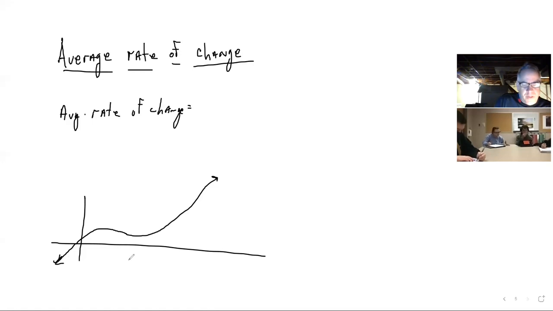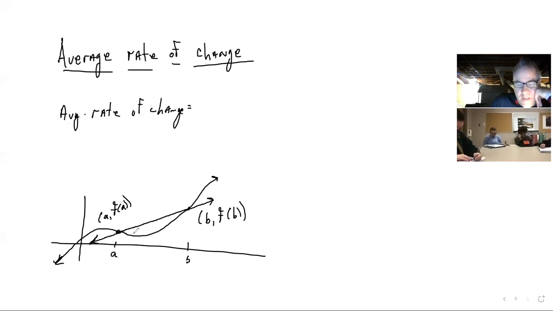So let's say I wanted to find the average rate of change from a value A over to a value B. Then the ordered pair point would be A and its functional value f of A, and the other point would be B and its functional value f of B. Simply put, the average rate of change from A to B is the slope of the secant line connecting these 2 points, or change of y over change of x.